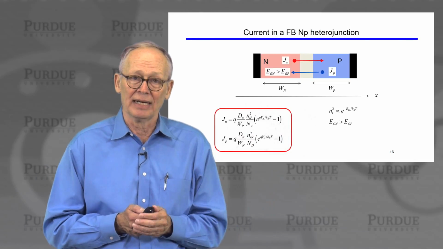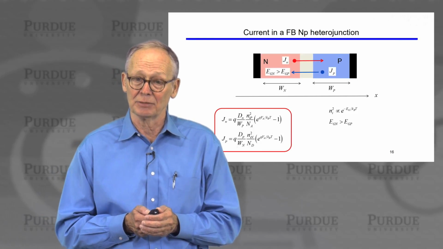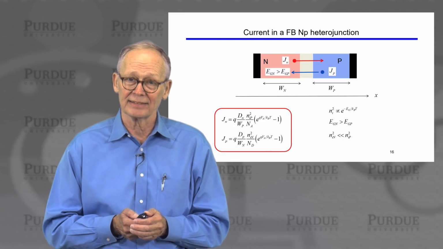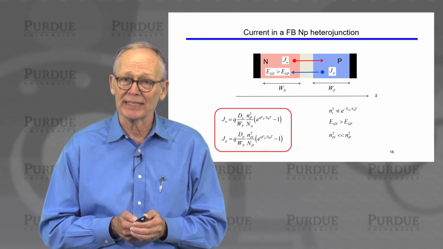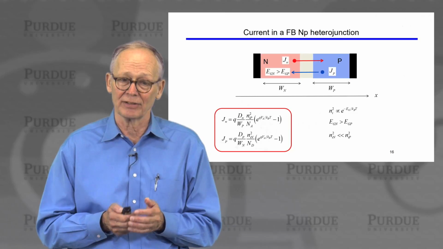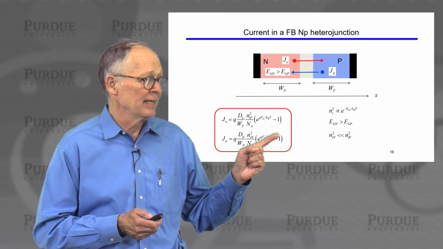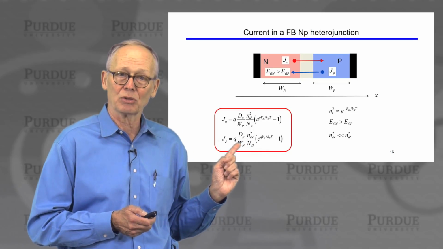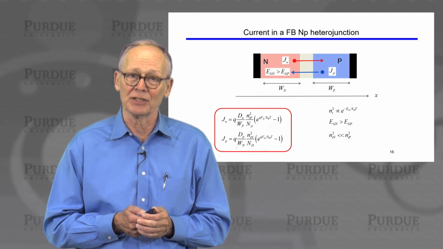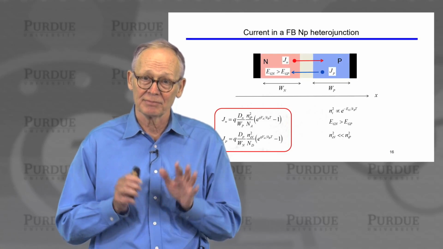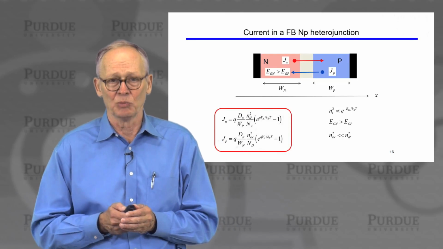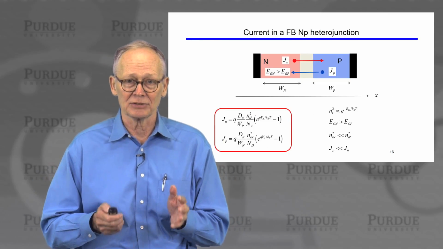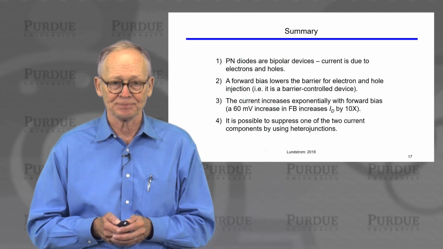So if the band gap on the N side is bigger than the band gap on the P side, then the intrinsic carrier concentration squared on the N side is going to be exponentially smaller than the intrinsic carrier concentration on the P side. The intrinsic carrier concentration on the N side is what appears in our hole current, so it's going to be exponentially lowered by the wider band gap. That's the key thing to take away from what we get by using heterojunction diodes. Much suppressed hole current in this case.